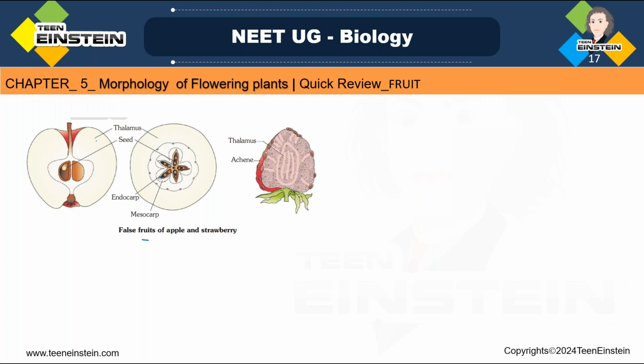That is not developed into a fruit in the case of apple. So it's a false fruit or pseudocarp. In the case of strawberry also, apple, strawberry, pear, mulberry, then fig, cashew nut also, all these are false fruits.